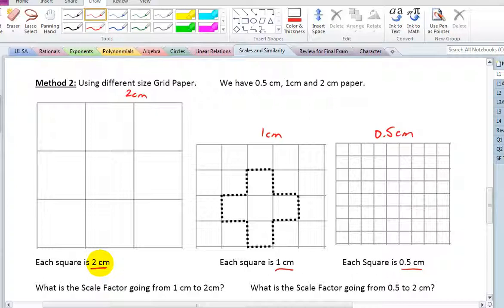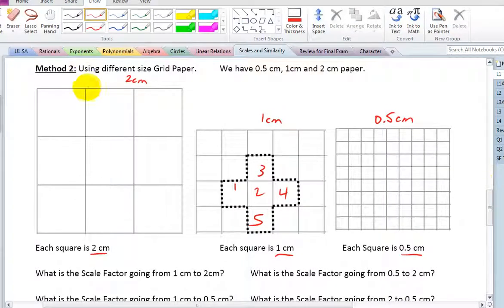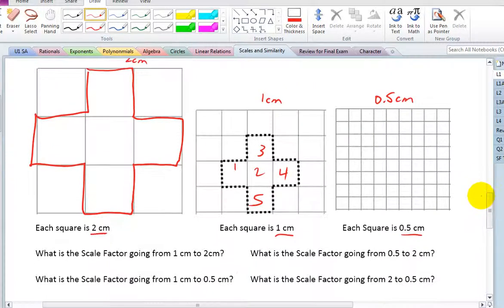So what we have here is a cross, or X, and it's 1 square, 2, 3, 4, 5. So when we draw it, we would draw it using the same number of squares, but is it the same size? No, it's increased.